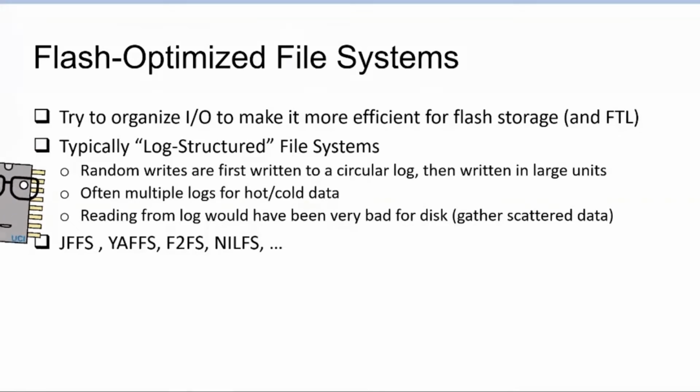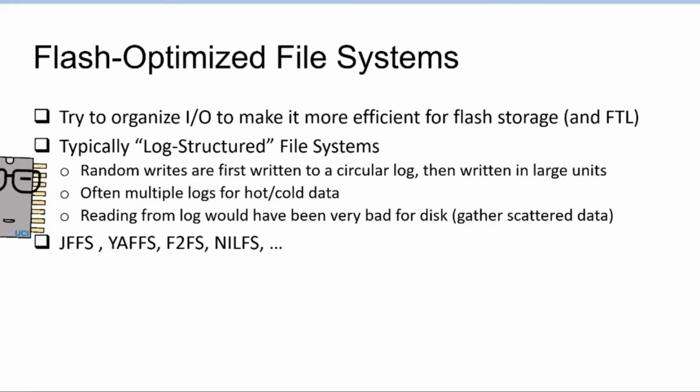Similarly, to take advantage of the high-level information that file systems might have, at a higher level than the FTL at the device level, flash optimized file systems do something like this: when random write requests come into the file system, from the perspective of the file system the updates might not be at page granularity.